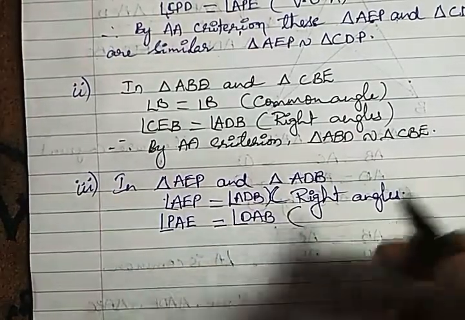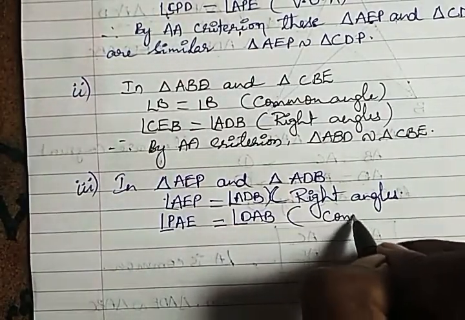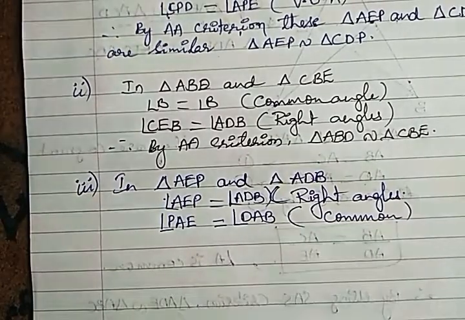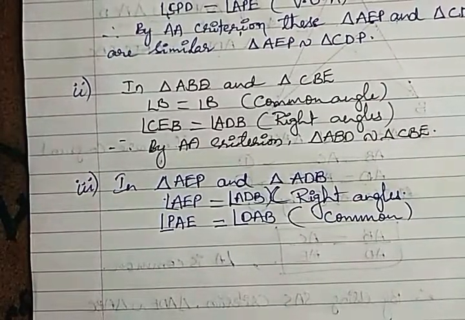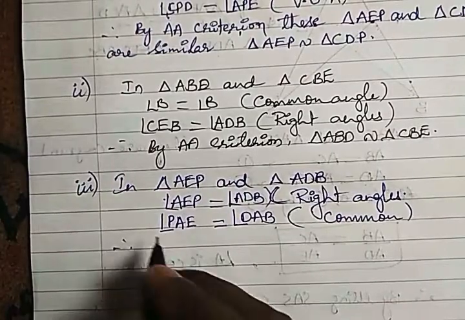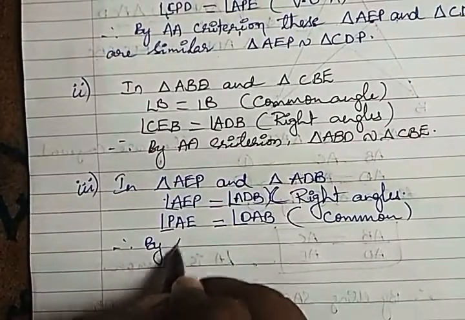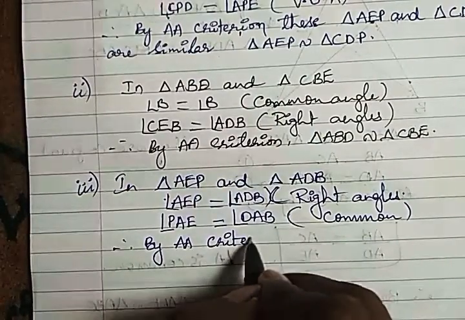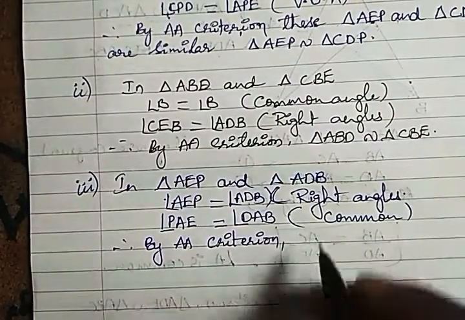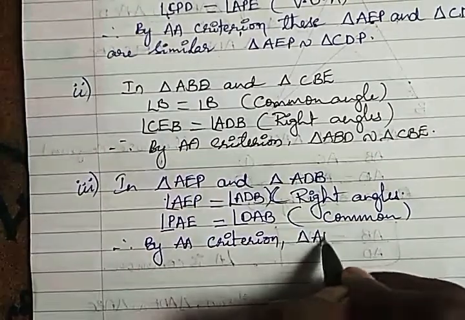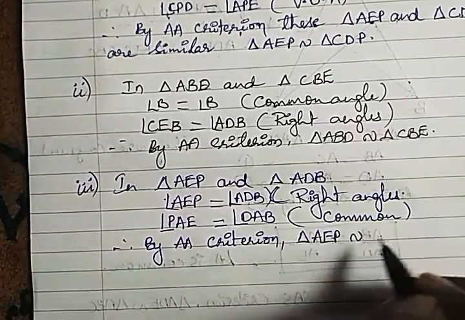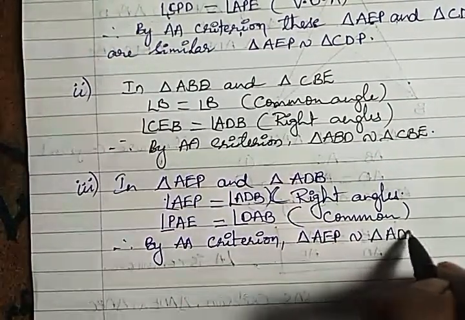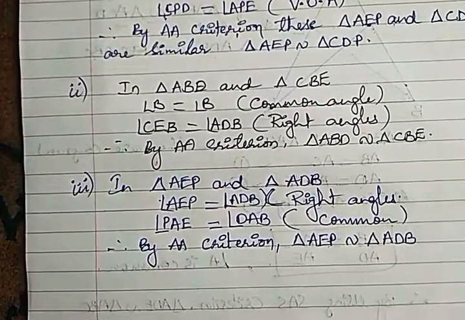What is this? Common. So we have got again the same criterion. Therefore, by AA criterion, triangle AEP is similar to triangle ADB. So this is third part of the question.